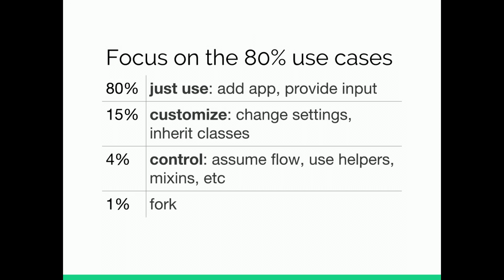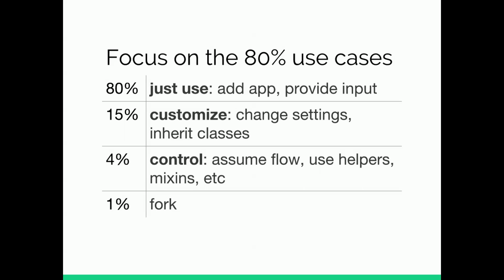Ideally, we want 15% to change some settings, inherit some classes, override some stuff, and then they will have the problem solved too. Even less than that, we want some of the developers to assume the flow, to use helpers, mixins, to combine with their own logic, and then they'll have the problem solved.